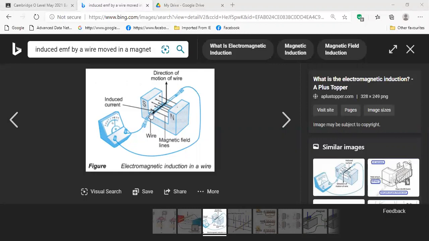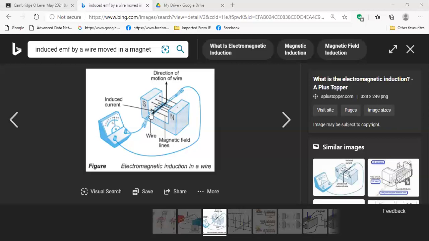So from here we understand that if the magnetic field lines are cut by any wire, then there is induced EMF, and because of this induced EMF, we have induced current. And this process is called electromagnetic induction. Is it clear?